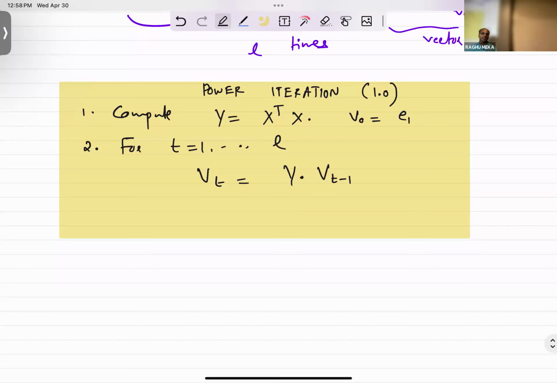Okay, I just wrote it as a loop, basically. Okay. And the final output is Vt divided by the norm of Vt. Okay.